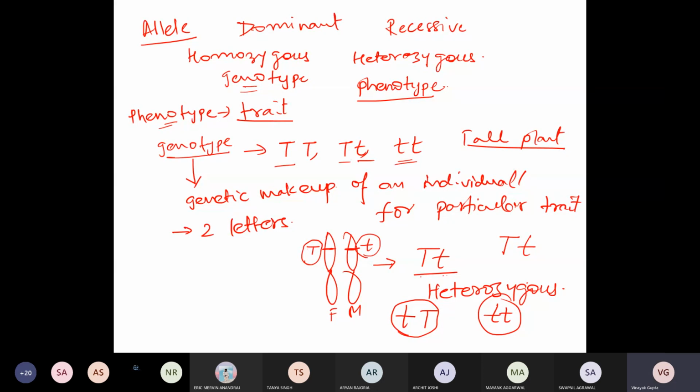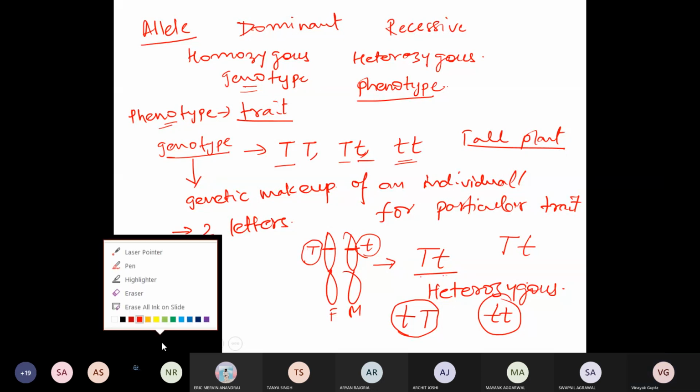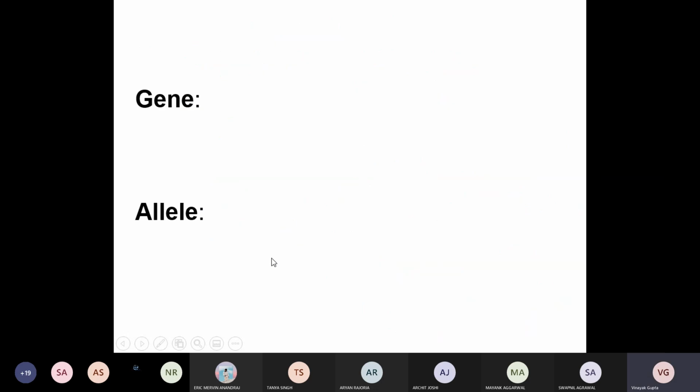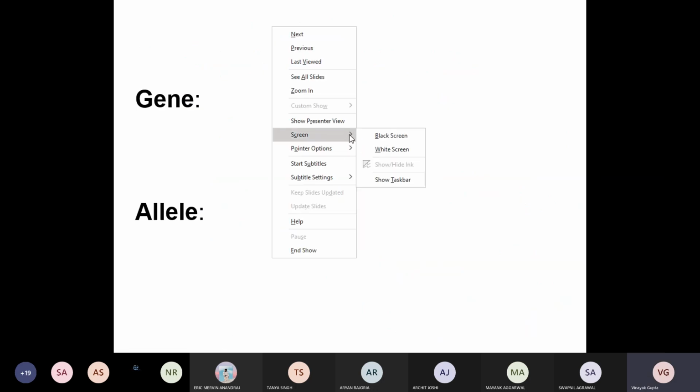Genotype is represented by two letters. Basically, it reflects the genetic makeup of an individual for a particular trait. Phenotype is the actual outcome, the trait which you can see. Homozygous means both the alleles are the same. Heterozygous means the alleles are not the same. Now, the another term is dominant and recessive.